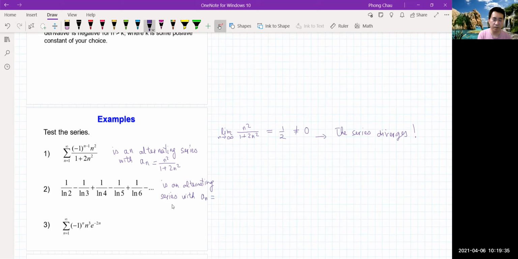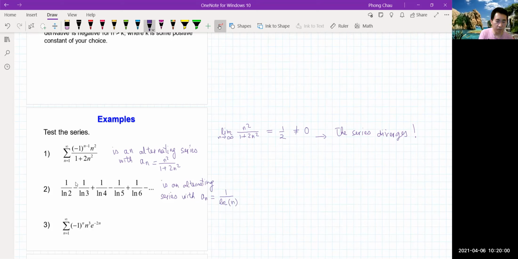Again, a sub n is just the positive term if you ignore the negative, so it's 1 over natural log of n.